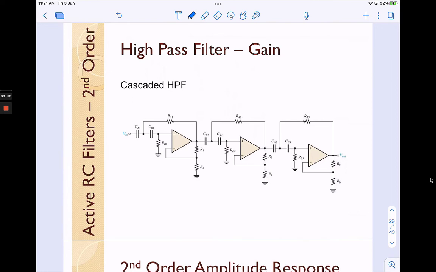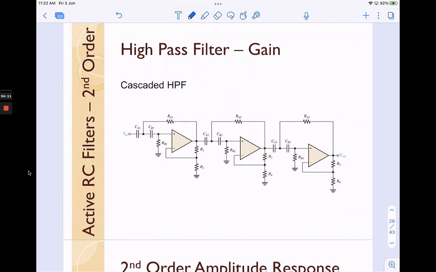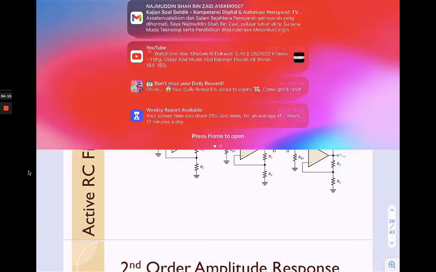Someone? Anyone? Yes, it has gain. Okay, so actually this configuration has some gain.